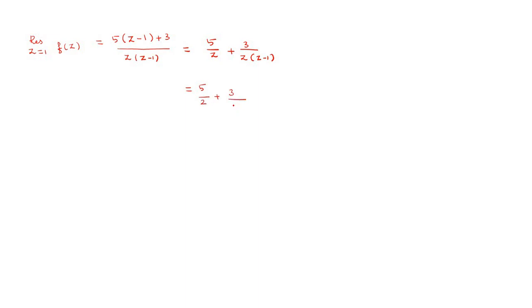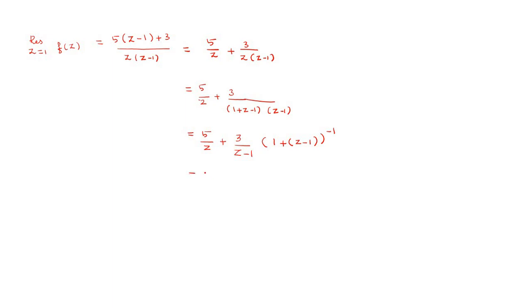So 3 divided by z can be modified as 1 plus (z minus 1), and z minus 1 we keep as it is, which is equal to 5 by z plus 3 divided by (z minus 1) into (1 plus (z minus 1)) whole power minus 1.